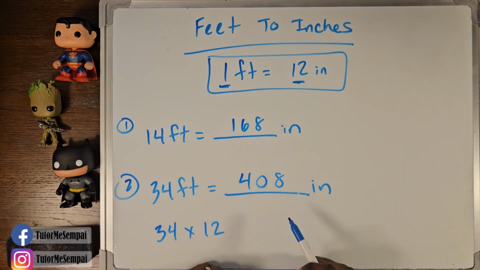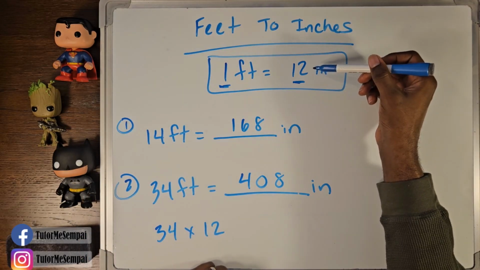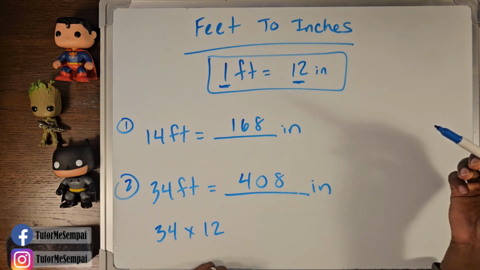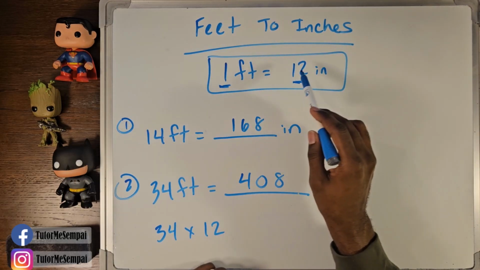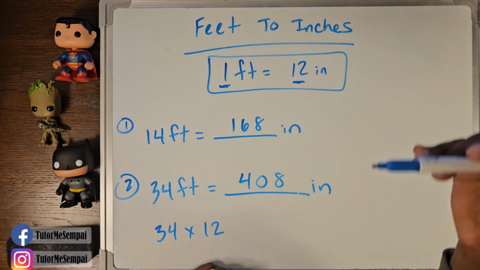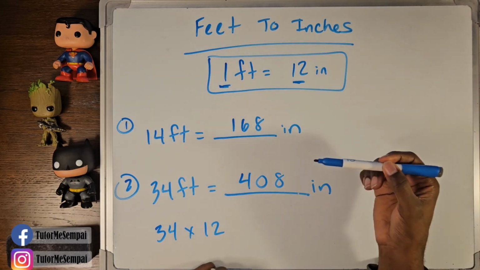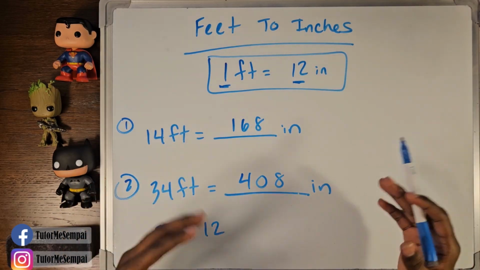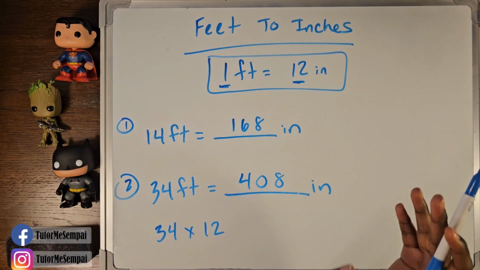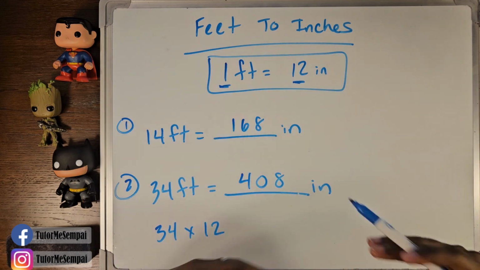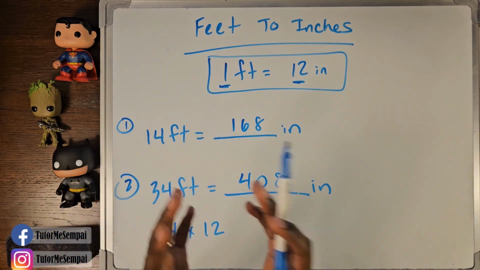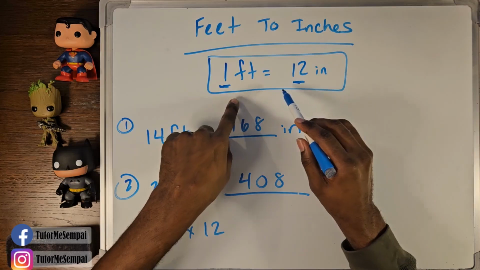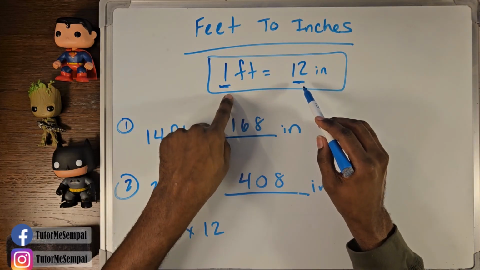That's why we multiply. And if you're going from inches to feet, you're going to divide because 1 is a smaller number. So by dividing, we're going to get a smaller number than what we started with. So that's how we make sure we're keeping the right operation for what we're trying to do. Feet to inches, multiply. Inches to feet, divide. And it kind of makes sense when you look at this.